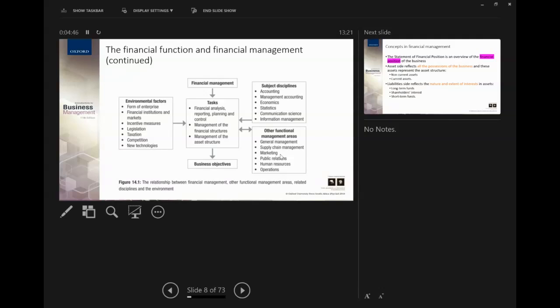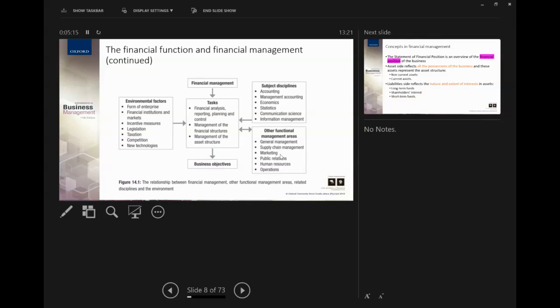One of the key things we have to be mindful of in relation to all the different management spheres that we have discussed and are going to discuss is that none of them exist in isolation. They all lean on each other for different reasons. Here you can see the different factors that come into play.